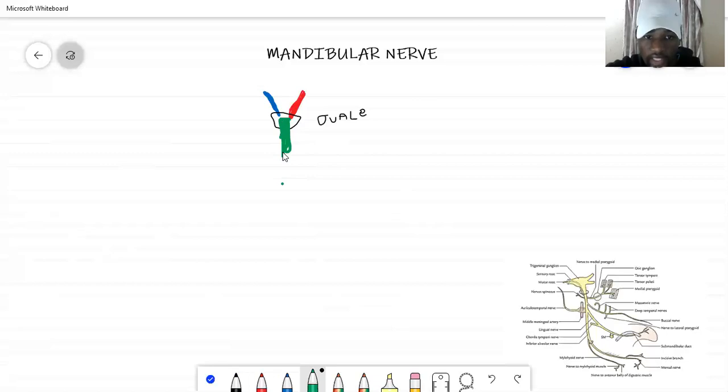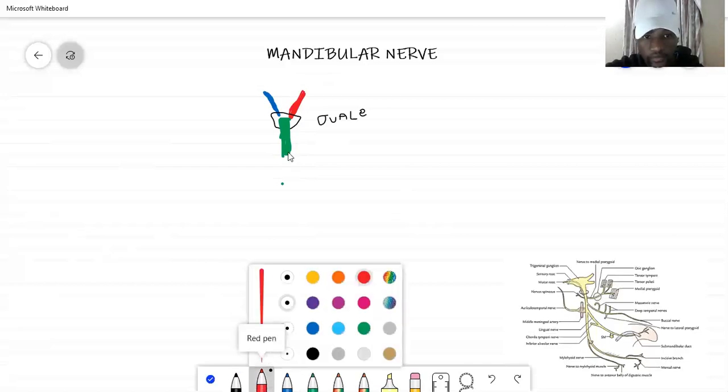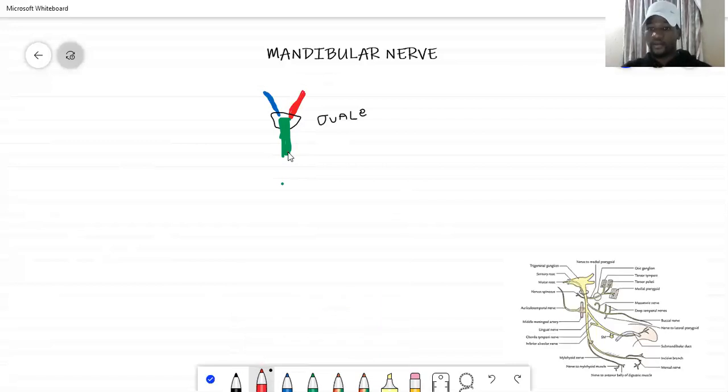After they exit the foramen ovale, because remember this, they are from the cranial cavity. So after they exit, they will form this trunk here. Are we clear? Awesome. So from there, the sensory root will form mainly your posterior division, and then your motor root will form most of your anterior division.